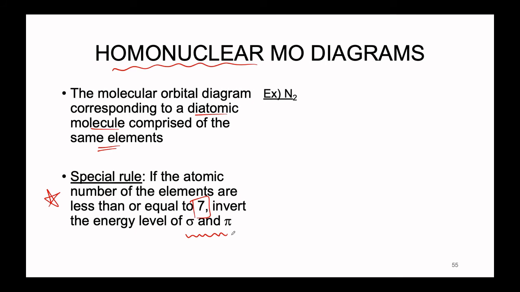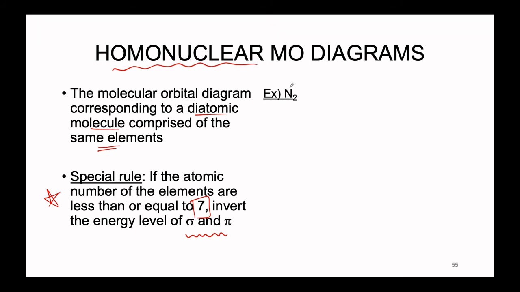Why this happens is a conversation that we save for a more advanced class, specifically inorganic chemistry, or Chem 406 at the college that I work at. We need a little bit more information to really understand why this happens, but here at the general chemistry level, we're just going to add it as a special rule and state that this does happen.